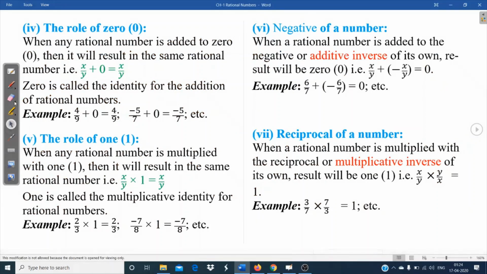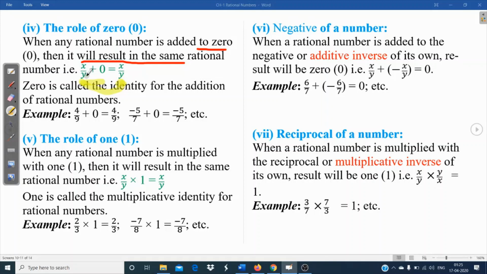Now our fourth property is role of 0. So when a rational number is added to 0, we will get the same result. Means if 0 is added to x upon y, again you will get the same result, x upon y.